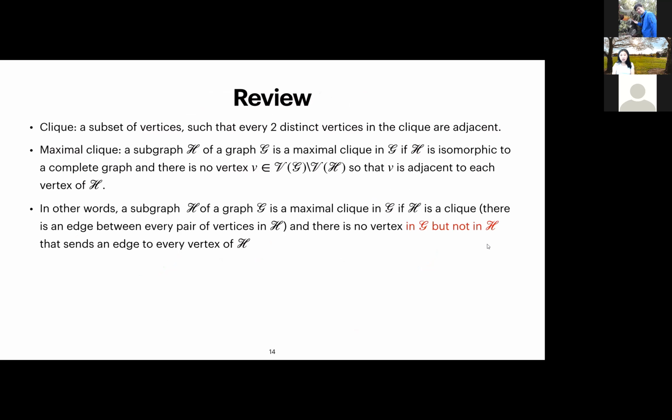Now, a maximum clique is a subgraph H of a graph G. A subgraph H of a graph G is a maximum clique if H is isomorphic to a complete graph and there is no vertex V within G but not in H such that V is adjacent to each vertex of H. So this is actually very easy to understand.